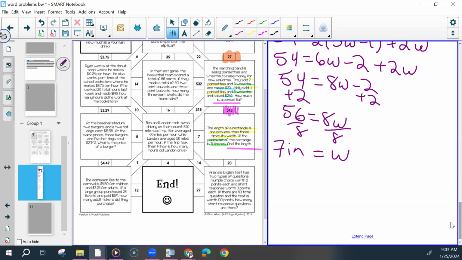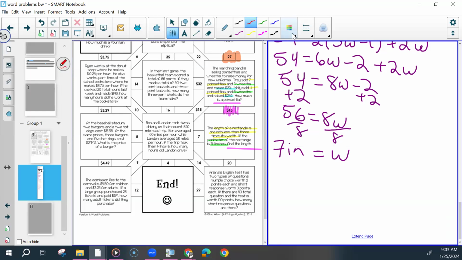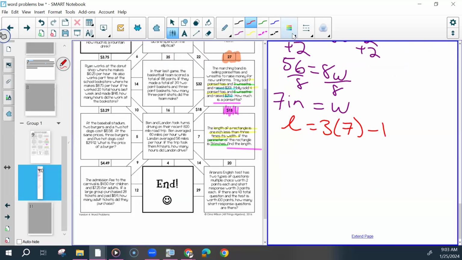We are looking for length. So we know it's gonna be 20, but we still need to show the work for that. We know our length equation was 3W minus 1. So use that to make sure our length is in fact 20.